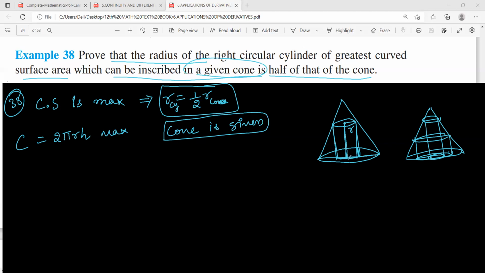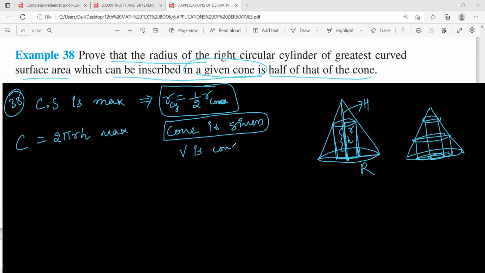Let's say the base radius of the cone is capital R. The height is capital H, since we have taken small h for the cylinder. Everything is fixed, so the volume is fixed, constant.